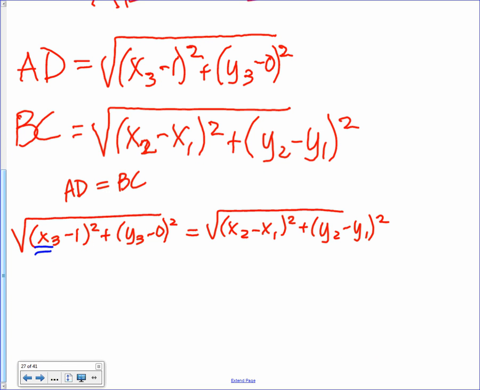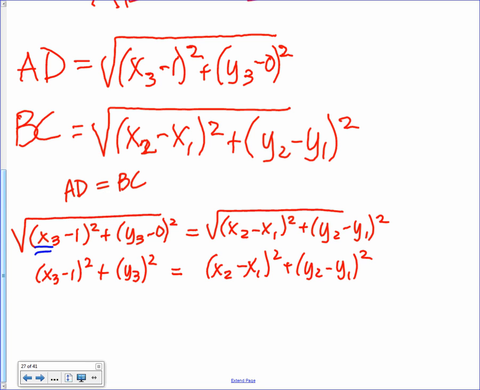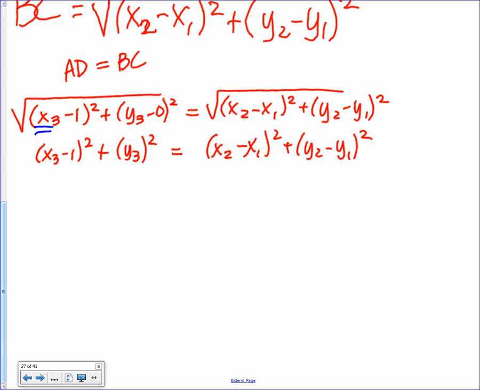There it is. Let's get rid of the square roots, I'm sorry. So I've got x sub 3 minus 1 squared plus y sub 3 squared, and x2 minus x1 squared plus y2 minus y1 squared. Here we go, let's simplify things.